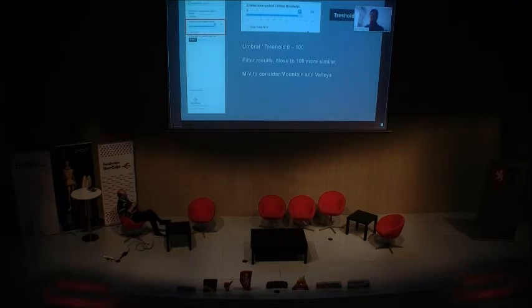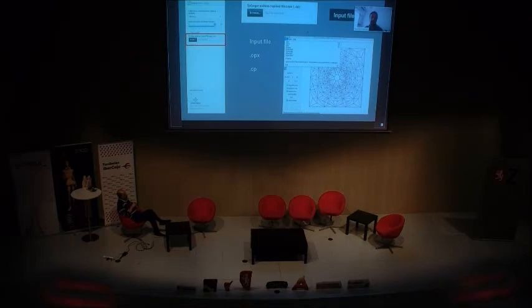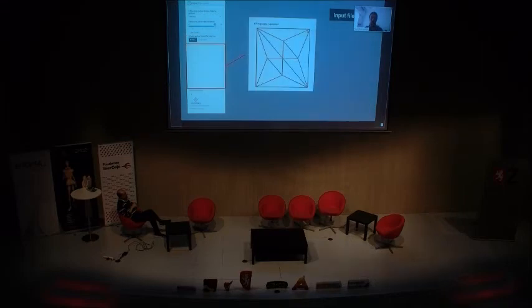And this is to load the CP. For the input files, at the moment the only ones to use are OPX and CP, but there are other files that I hope at some moment we can load in this program. And this is the place where the loaded CP is going to load.